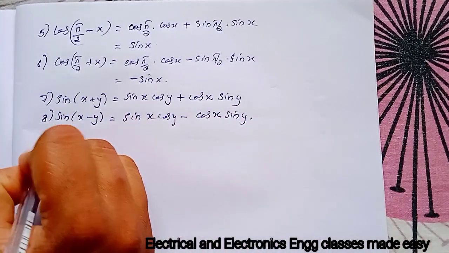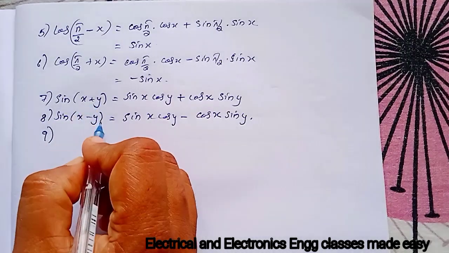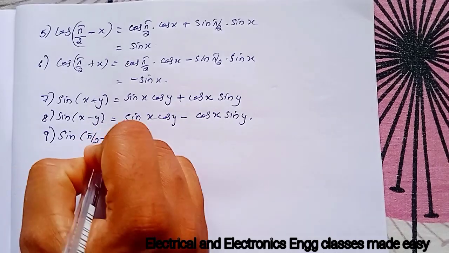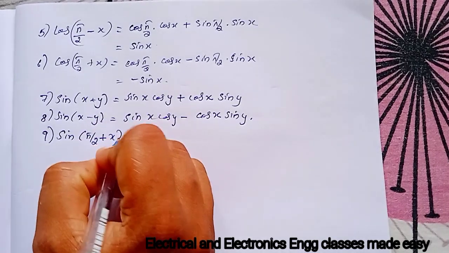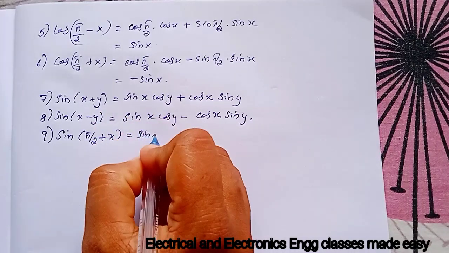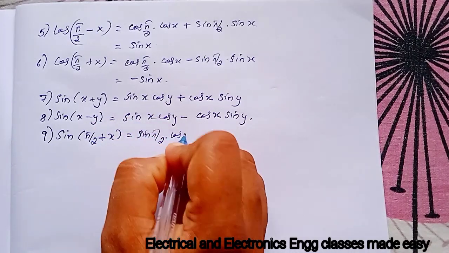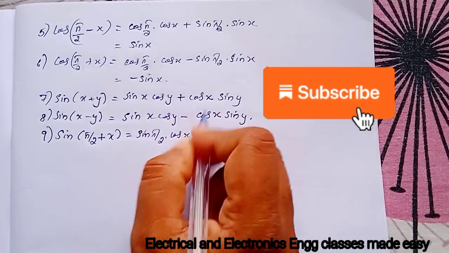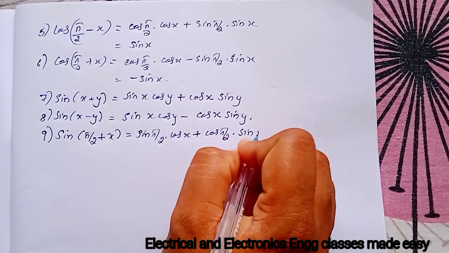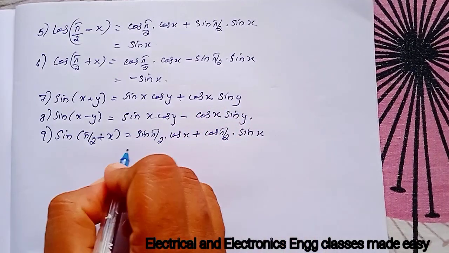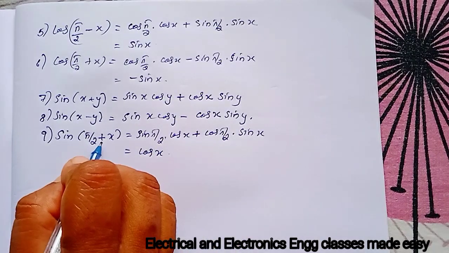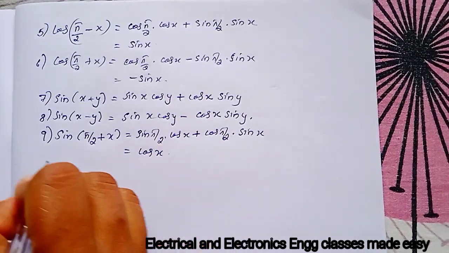So using these identities, we can find sin pi by 2 plus x, that is equal to sin pi by 2 into cos x, then plus cos pi by 2 into sin x. So this is 0. So we get cos x. That is sin pi by 2 plus x is equal to cos x.